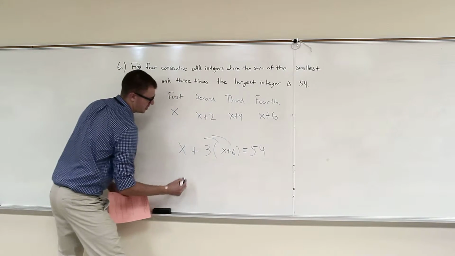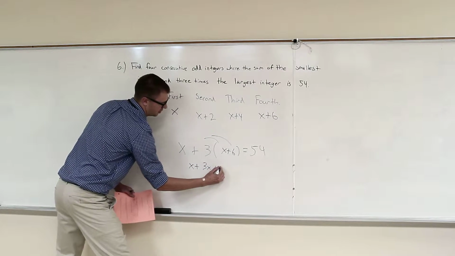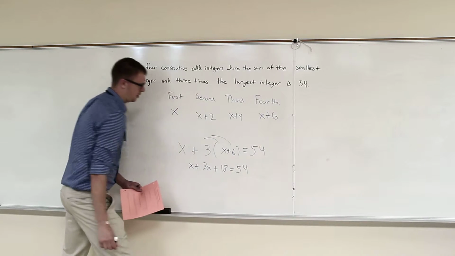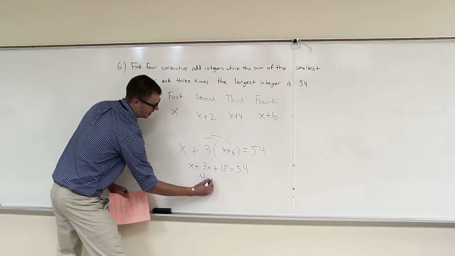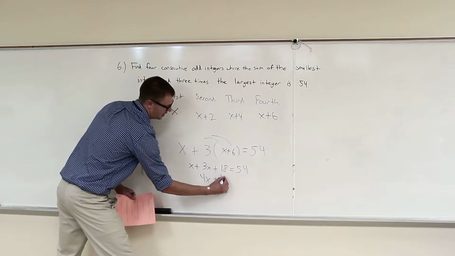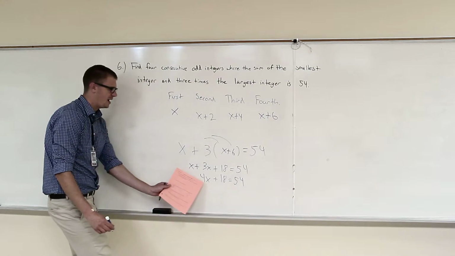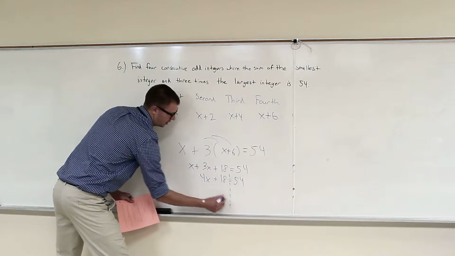Distribute the 3 and solve here. You get x plus 3x plus 18 is equal to 54. Combine my like terms. We get 4x plus 18 is equal to 54. I want to isolate that x now. I undo addition by subtracting.